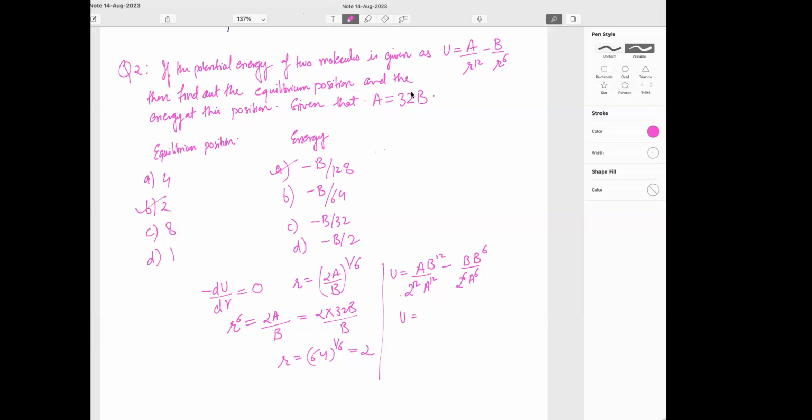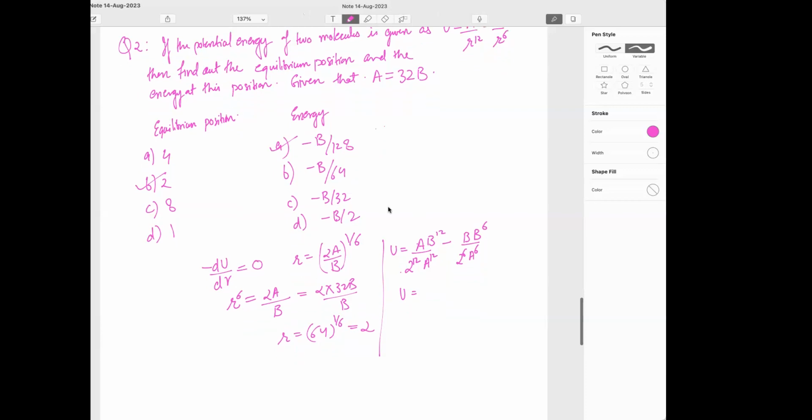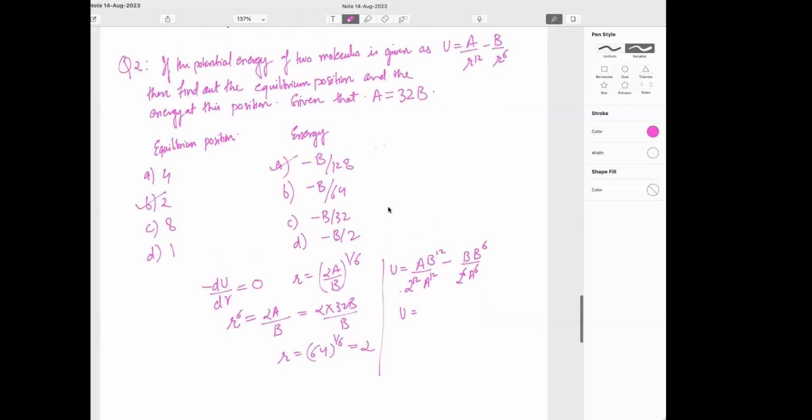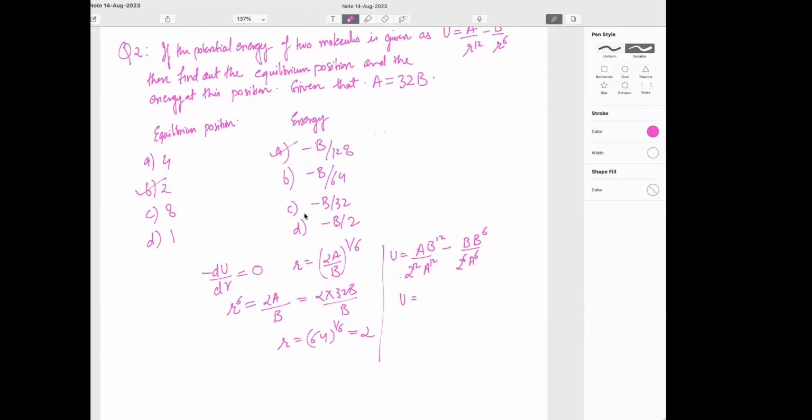Hello, Devaru? Yes, sir. How did you get this energy? Sir, by substituting the equation. Which equation? Energy equals to minus dU/dR, right, sir?